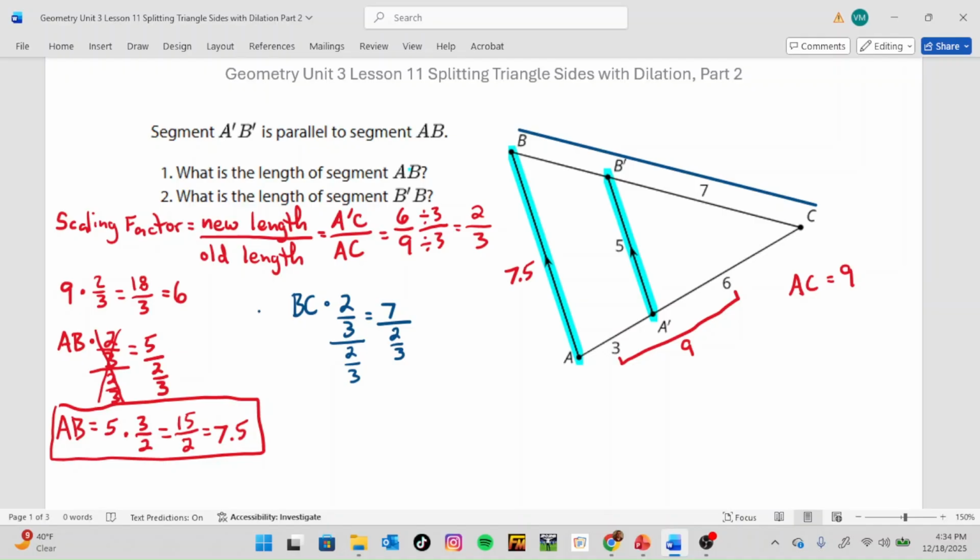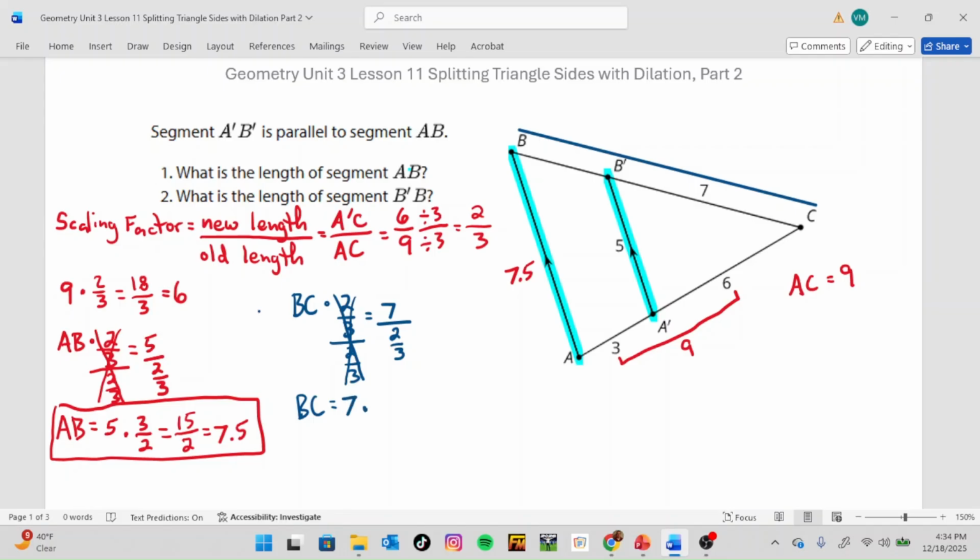On the left, anything divided by itself is 1. So we have BC. And now 7 divided by 2/3. If I divide by a fraction, it's the same as multiplying by its inverse.